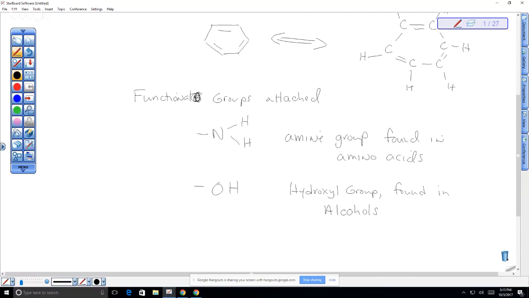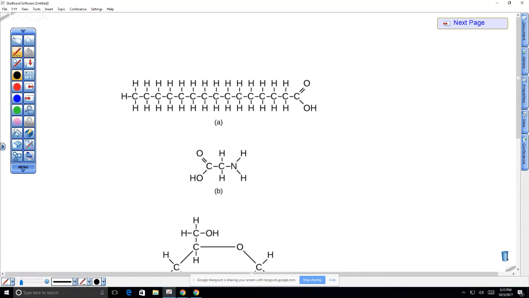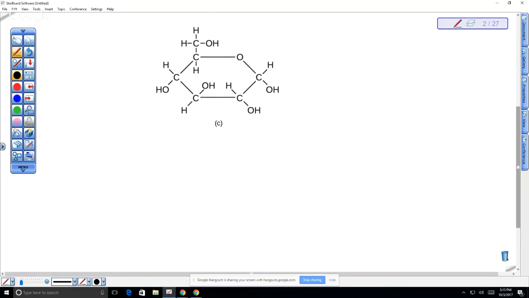So those functional groups actually determine how the molecule works and what it does. So this is an example of another functional group. You don't need to know this. This is carboxyl. This is an amine group. This is another carboxyl group. Okay. This would be hydroxyl groups, right? And so those all give the molecule its specific characteristics.